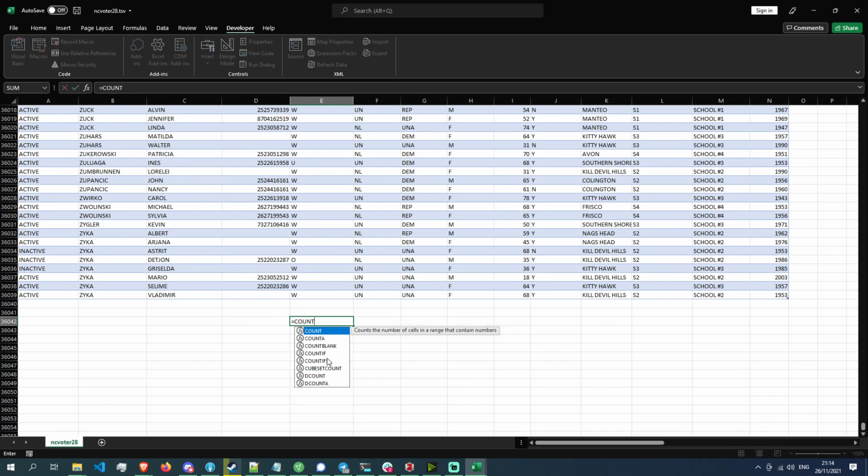Let's say COUNTIF, that is the thing. Range, we'll go with E1 to E36039. That's all of this. Criteria equal white. There we go.